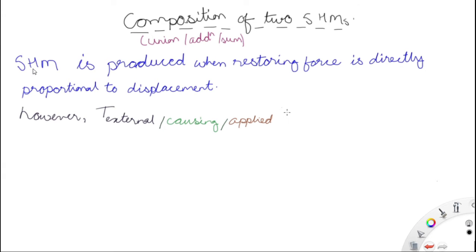Now simple harmonic motion is produced when the restoring force is directly proportional to the displacement. Why? Because the restoring force is acting opposite to the displacement.